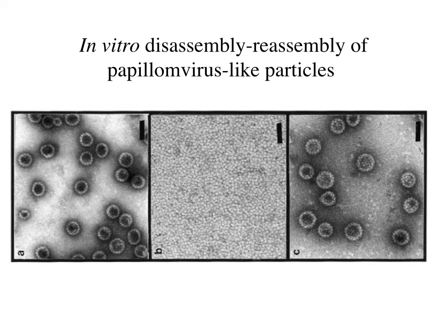VLPs were produced and purified by centrifugation, and in this illustration you can see that treatment with buffer can cause the capsomers to disassemble. You change the buffer and the capsomers will reassemble into capsids. This provides a mechanism to load the VLP with the foreign protein.